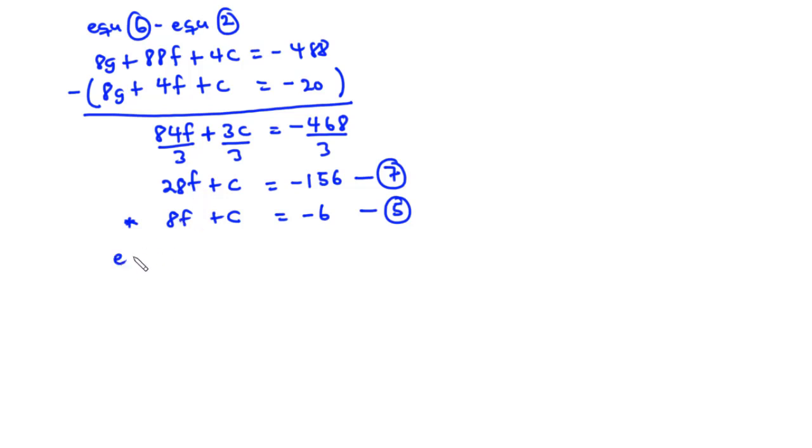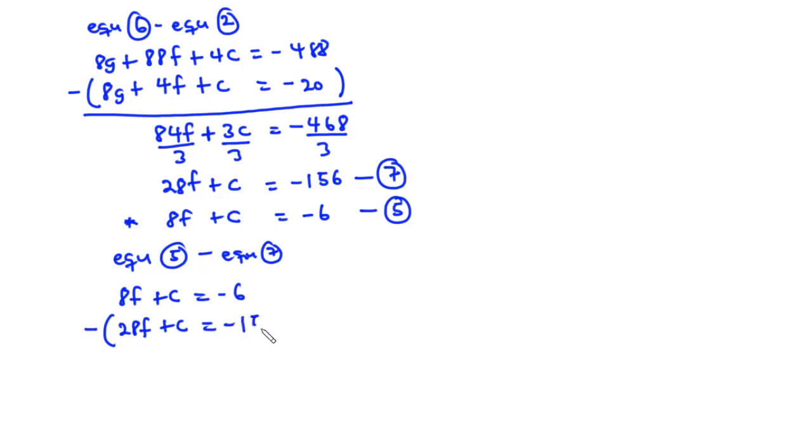So equation 5 minus equation 7: 8F plus C equals negative 6, minus 28F plus C equals negative 156.